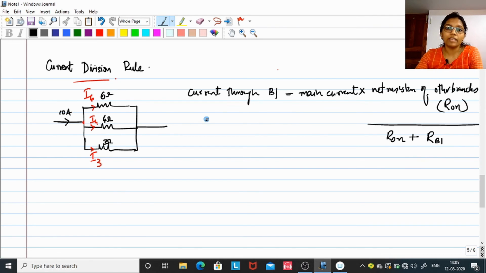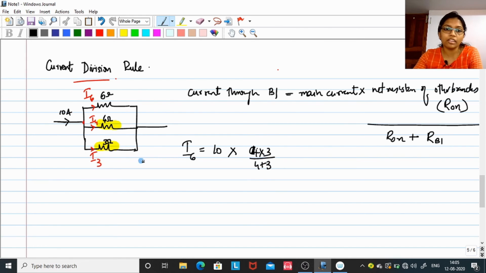I will try to explain using this example. I6 is the current through the first branch. The main current is 10 amps. 10 into the net resistance of the other branches; here the other branches are the 4 and 3, since we are considering the 6 ohm resistance. The 4 and 3 are connected in parallel, so we have 4 into 3 divided by 4 plus 3.